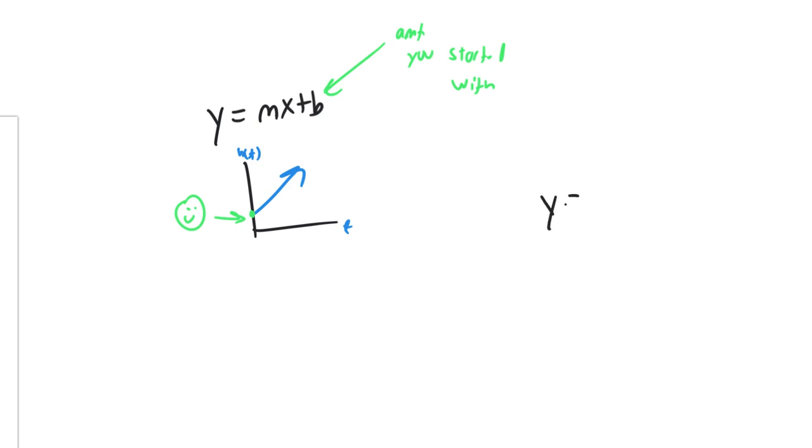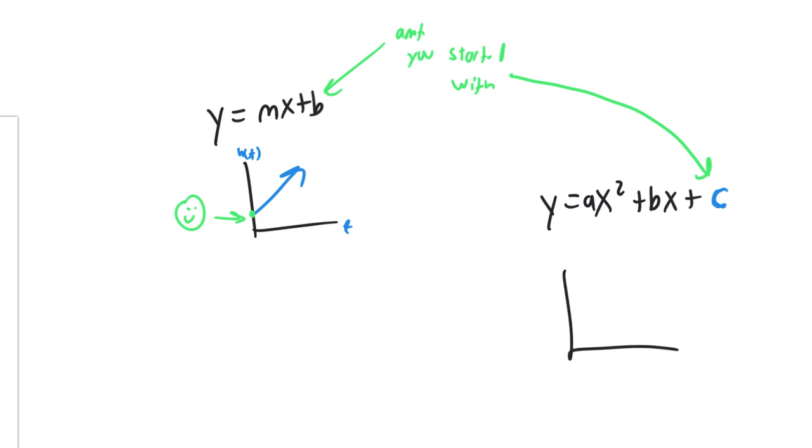For example, if we had a quadratic situation written in standard form like this, where you have this constant here, okay, well, in that case that would also be the amount you started with, if it's the case that this describes some kind of real world situation.